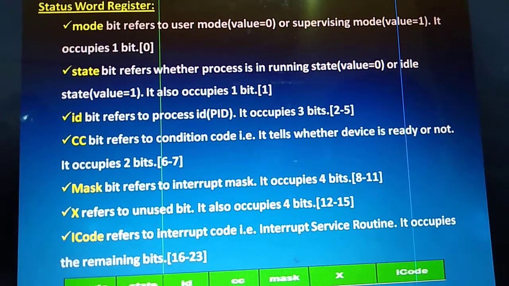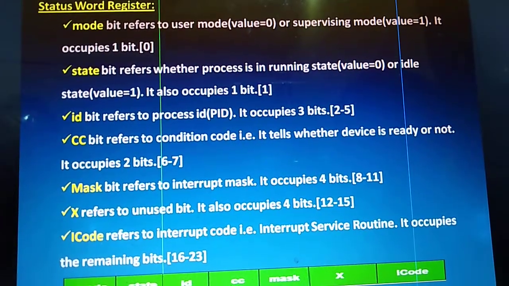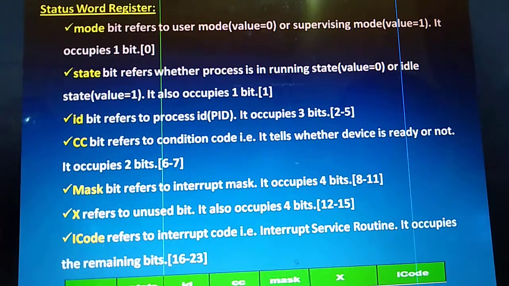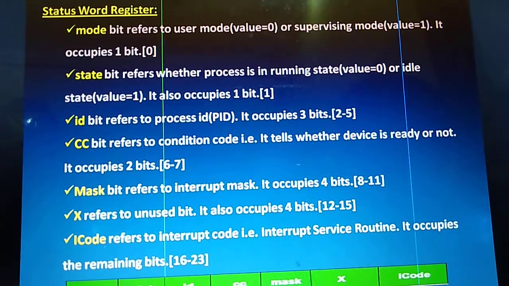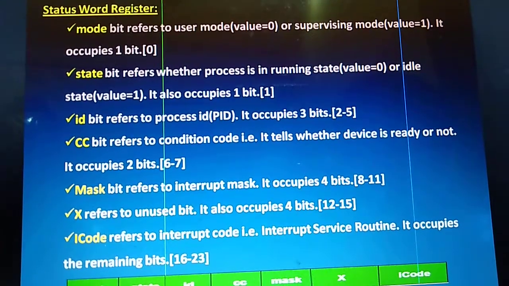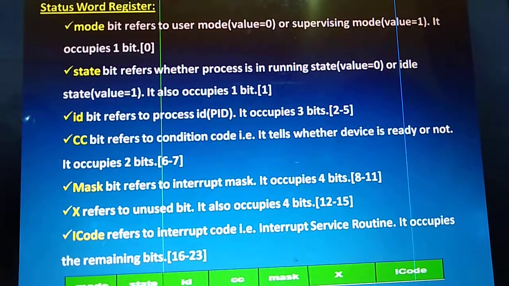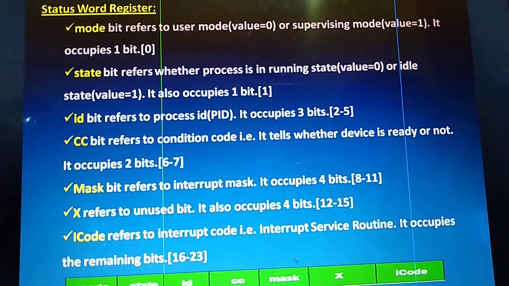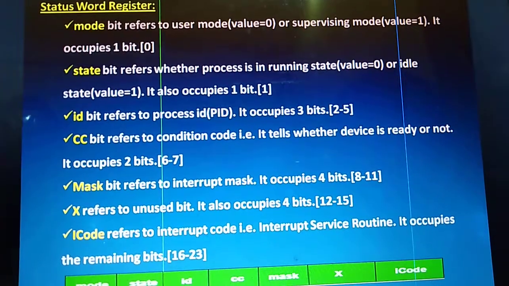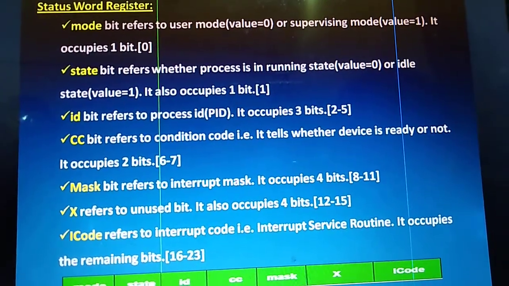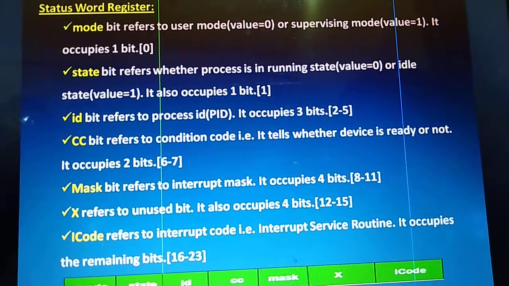CC refers to the condition code. It tells whether the device is ready or not. It occupies 2 bits. Whenever any type of operation is going to start, it will check whether that device is ready or not. Mask refers to the interrupt mask and it occupies 4 bits.